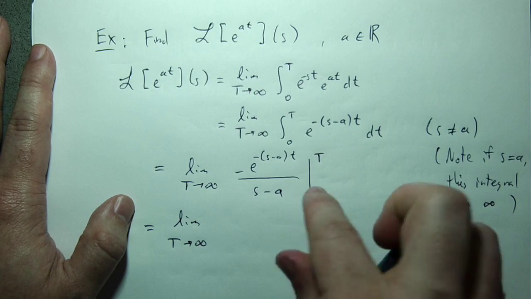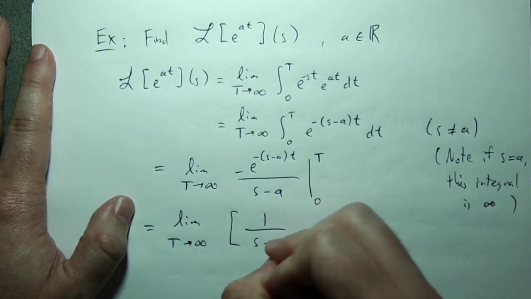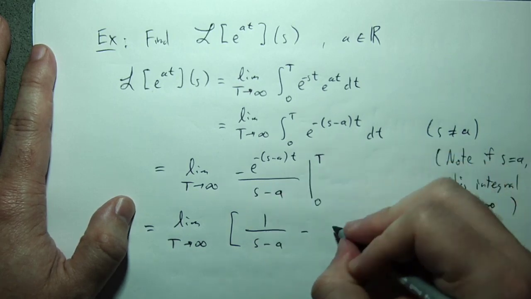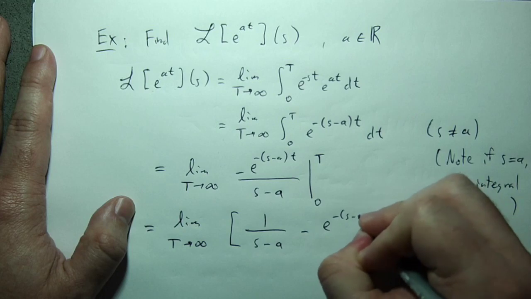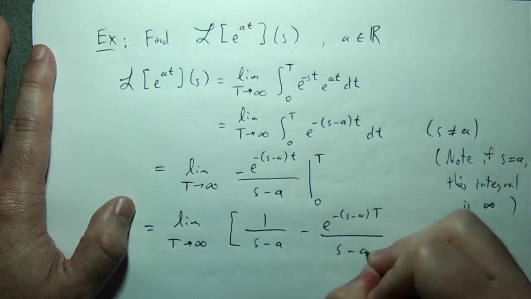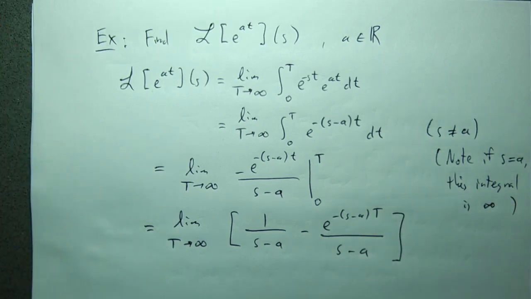So this is the limit as big T goes to infinity of 1 over (s minus a) minus e to the minus (s minus a) times big T over (s minus a). So it's this expression.